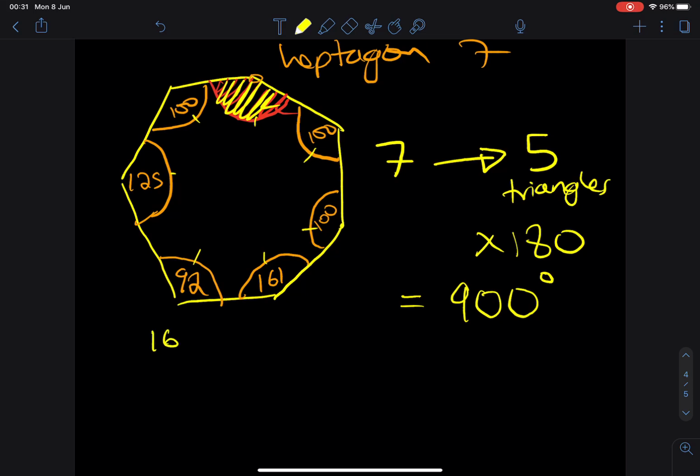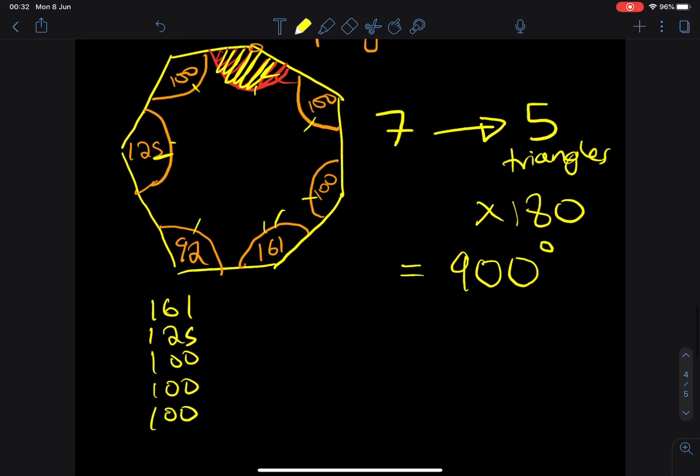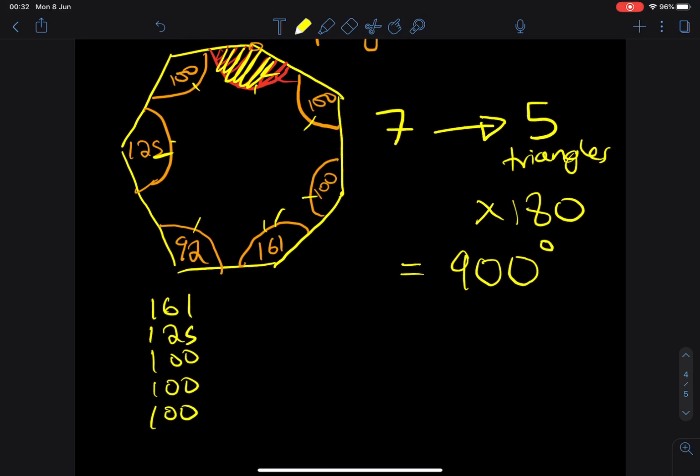I've got 161, I've got 125, I've got 1, 2, 3 hundreds, I've got 92.